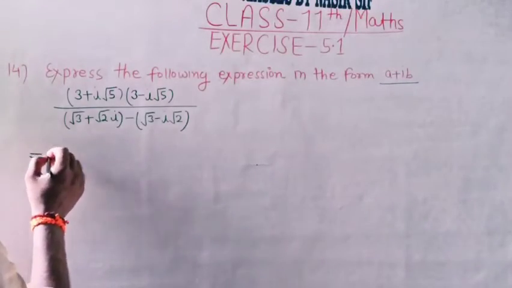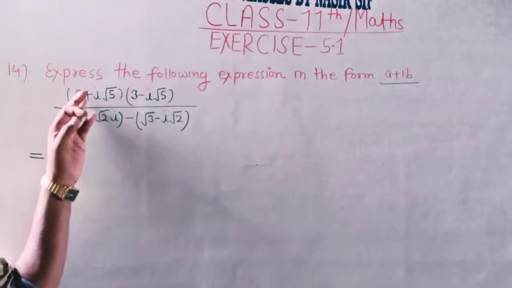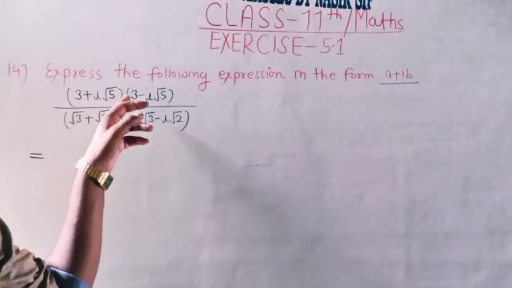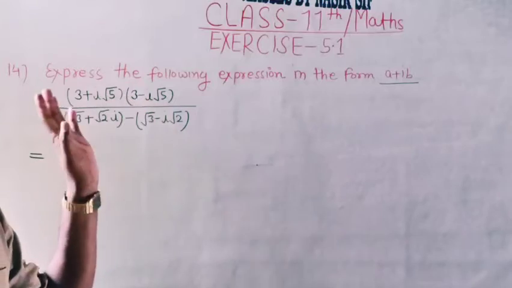So here this is 3 plus i square root 5 and 3 minus i square root 5.